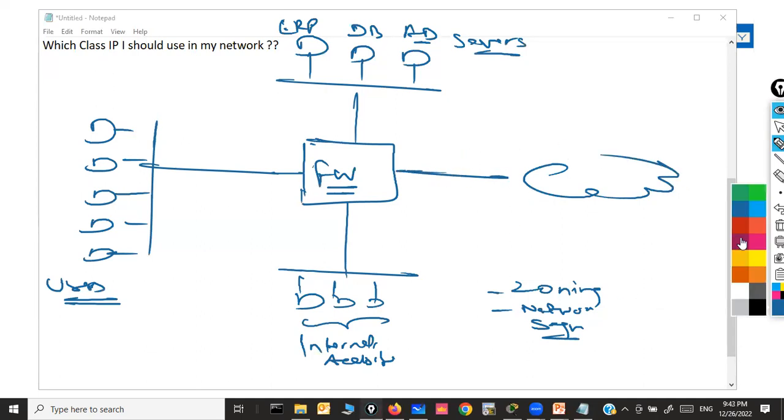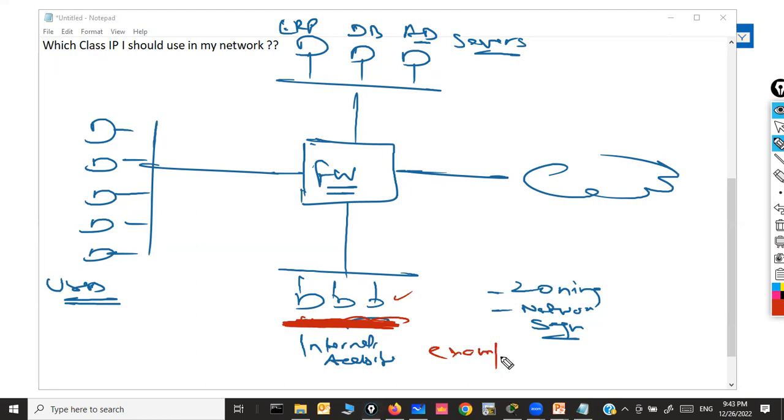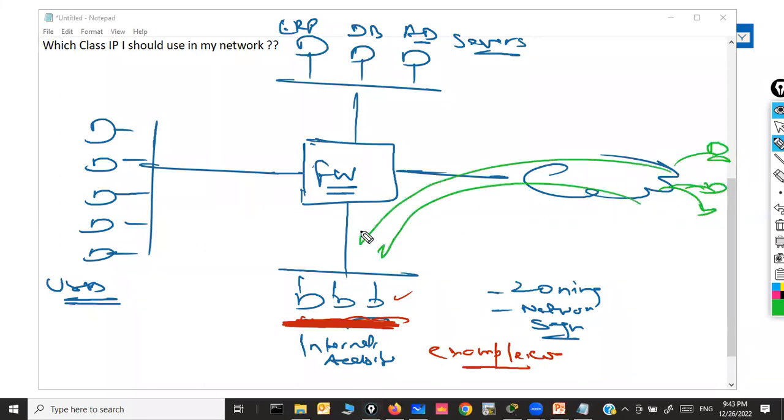Why? Let us assume these three servers are accessible from the internet, using public IPs, with a website like example.com or something. So unknown users from the internet side are hitting these servers, accessing websites this way.